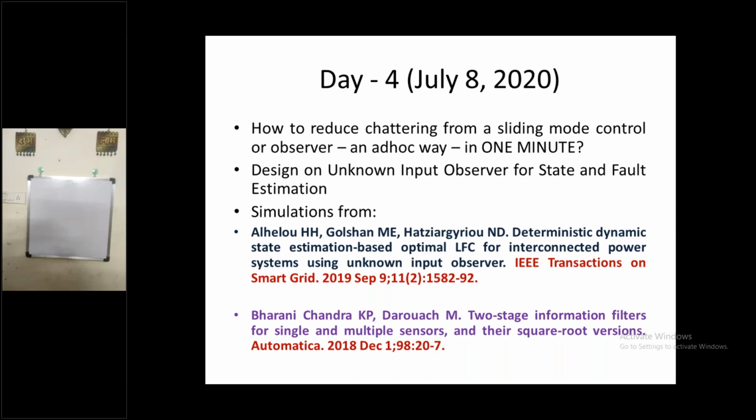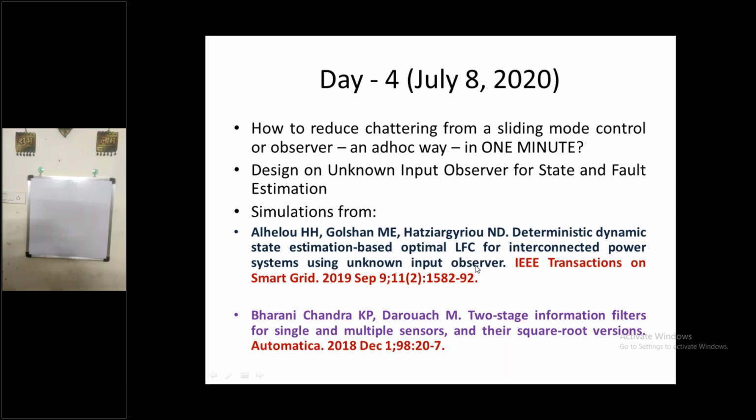That's what we derived, and we solved that as well. And again, we have done this fault estimation as well. The fault is an unknown fault coming in, and we have done the estimation too. We verified that very high frequency sinusoidal and uncertain faults could also be estimated. And we have seen the simulations for the LFC for an interconnected power system using the unknown input observer.